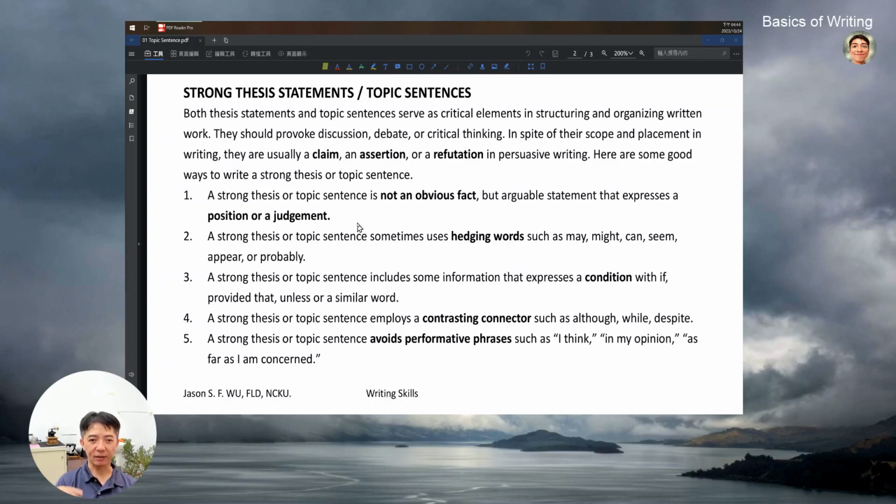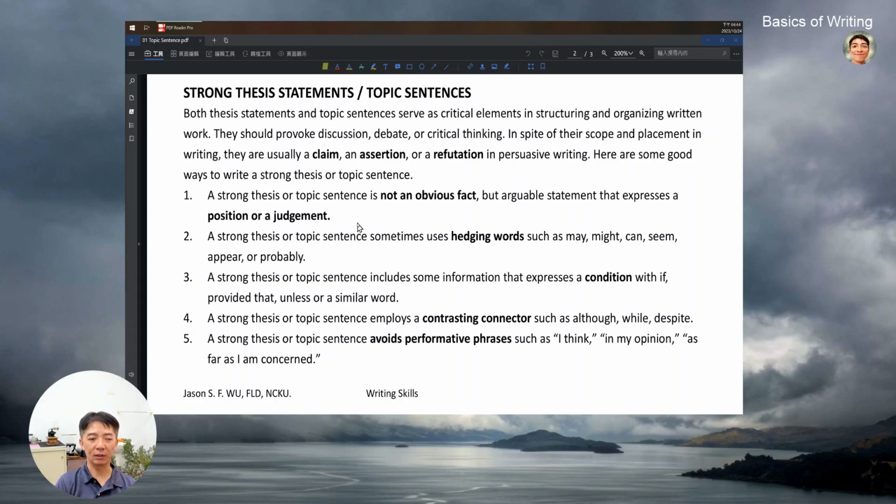A fact does not require explanation, because a fact serves as an explanation. It does not require explanation. So usually when you use a topic sentence to talk about something of that specific idea, you need to actually show your opinion. Okay, so we use hedging words.